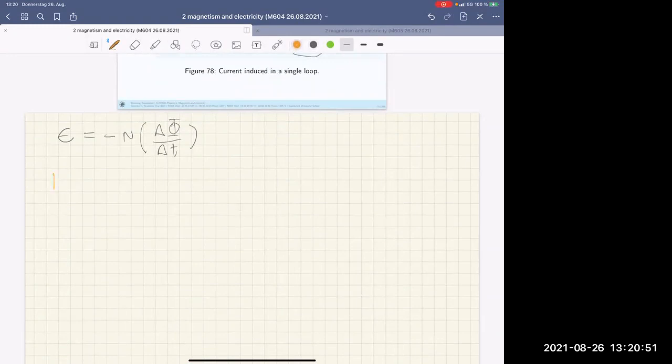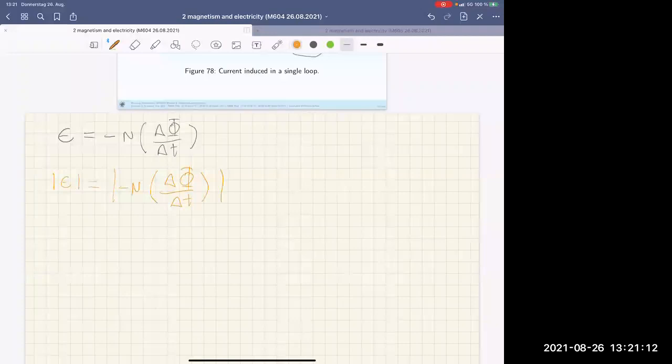So we're going to have the absolute value of epsilon equal to the absolute value of minus N delta phi B divided by delta t.